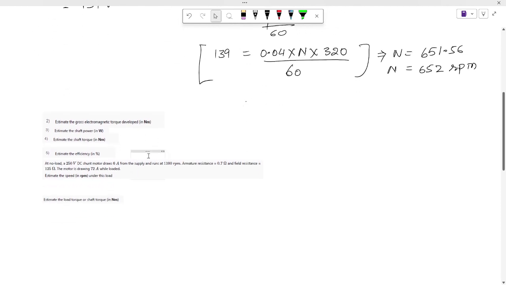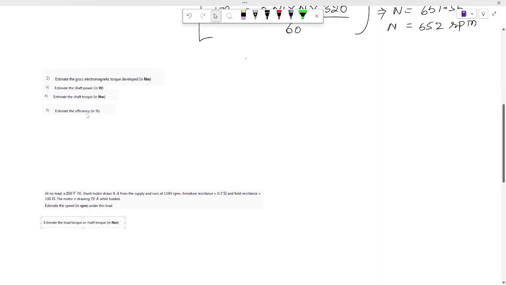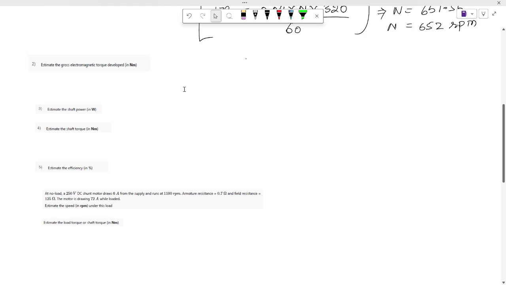Yes, sir. P is equal to T into angular speed. Just a second, let me arrange these questions. Okay.